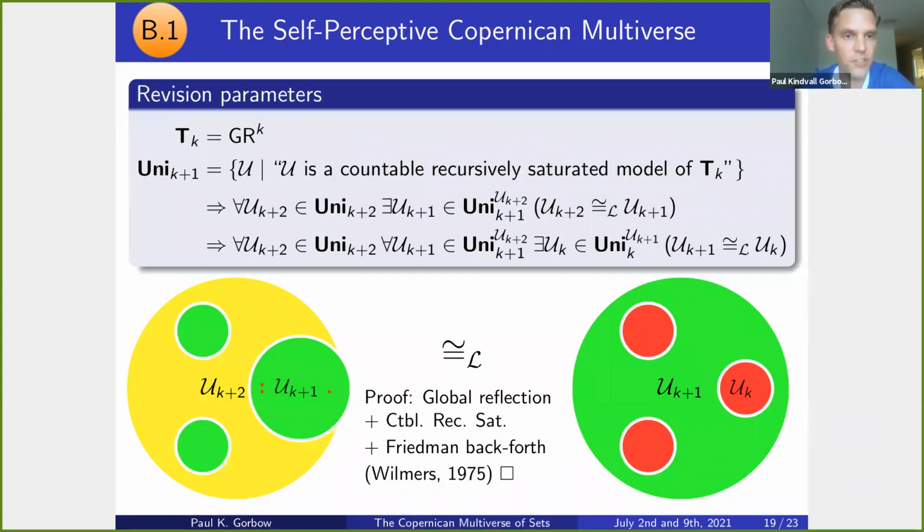What this gives us is this picture. What I'm trying to show here is that if we take a universe, a model U_{k+2} from the (k+2)th iteration of the universes, then it's going to contain a model, the decremented version of the universes as interpreted within that model, within U_{k+2}.